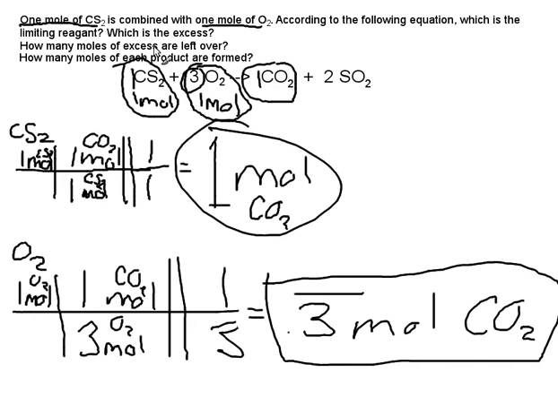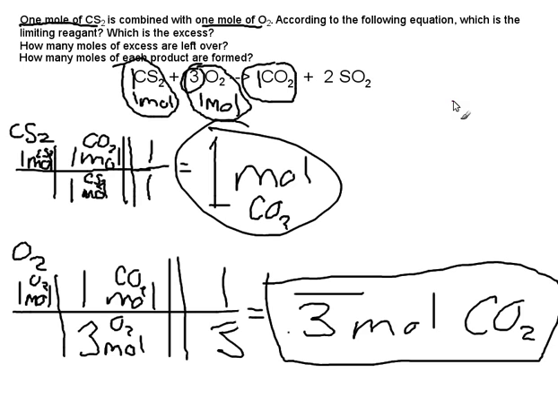Now we need to figure out which is the limiting reagent. Well, let's think about this for a little bit. Limiting means that it limits the amount of products that are going to be able to be made. I worded that very oddly, but anyways, the limiting reagent.